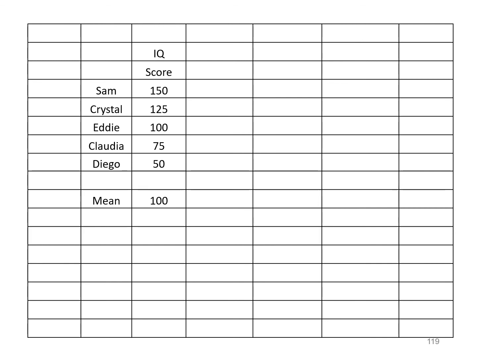Let's take a moment to practice calculating deviations. Here we have a data table that shows IQ scores for 5 children: Sam, Crystal, Eddie, Claudia, and Diego, with the mean of these 5 IQ scores being 100. Just to make things easier, we'll write in the mean next to each child's IQ score.